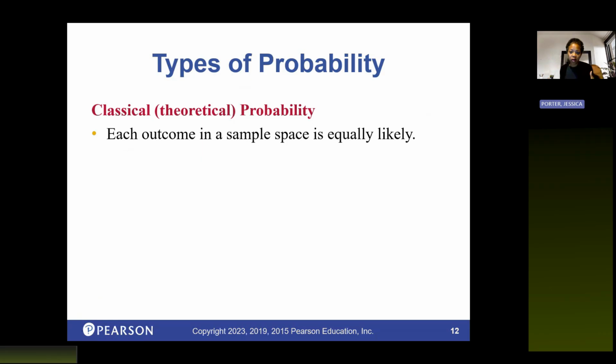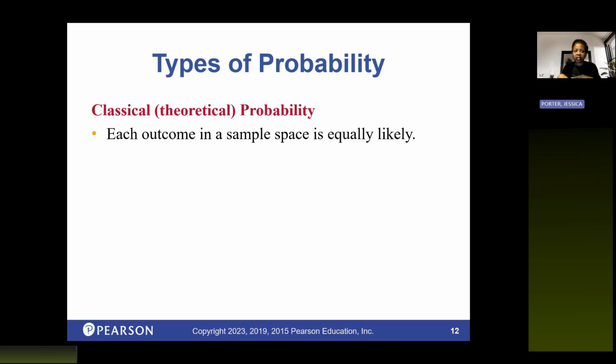And now we'll skip over to classical probability or theoretical probability. Each outcome in a sample space is equally likely. So if you toss a coin, if you toss a heads or a tails, you have a 50% chance of getting either one. If you toss a die, you have 1, 2, 3, 4, 5, 6 as your sample space.